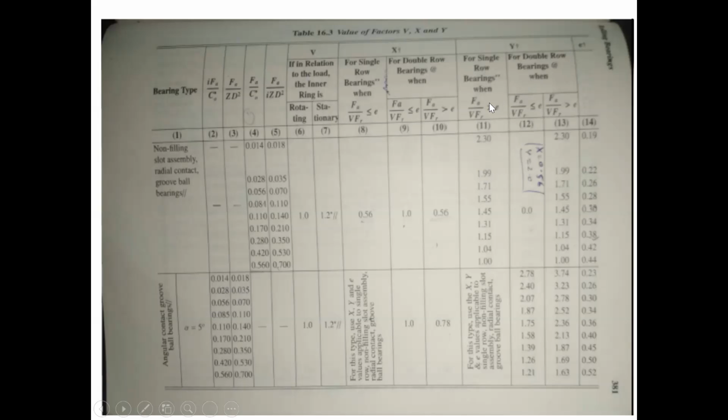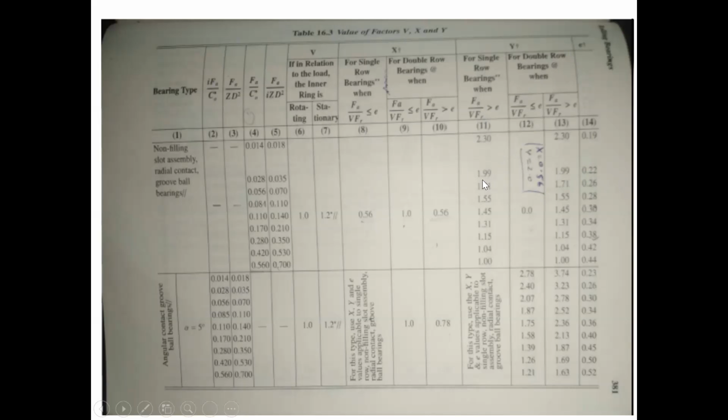So if Fa upon V Fr comes out greater than e, what we will do? We will take X equal to 0.56 and Y equal to, for a single row deep groove ball bearing, 1.99.